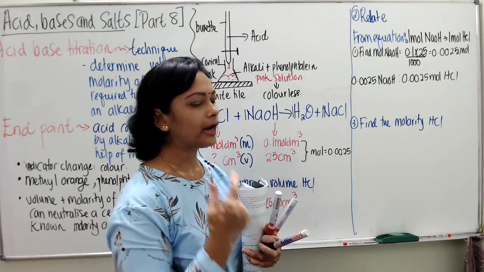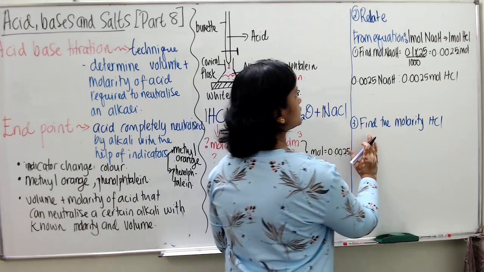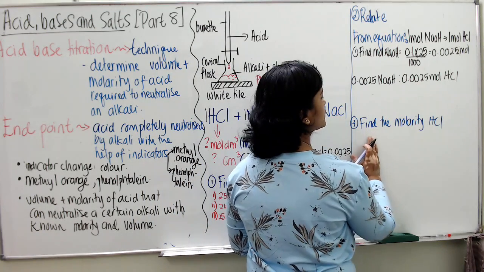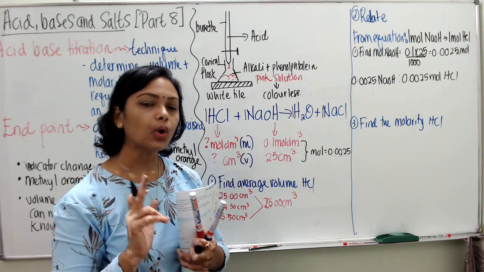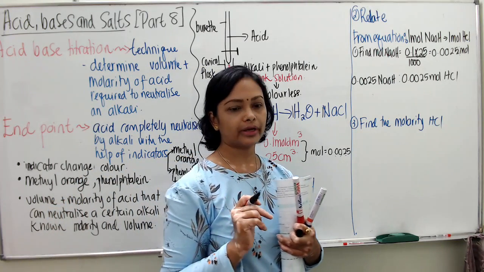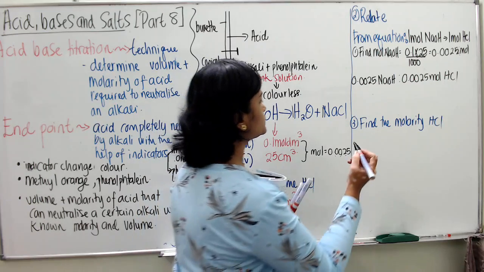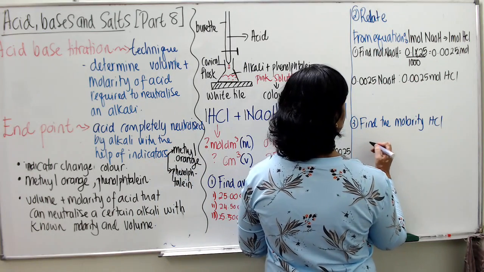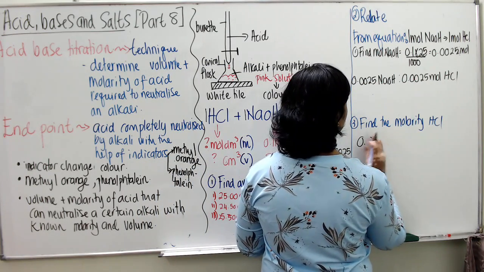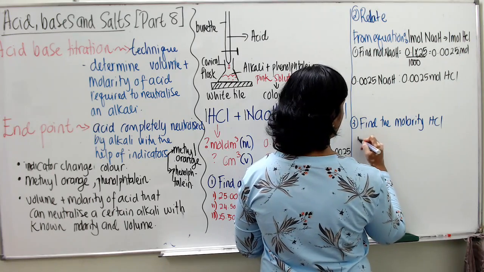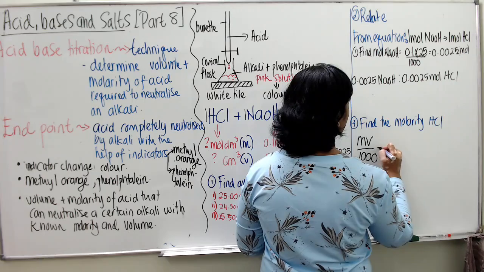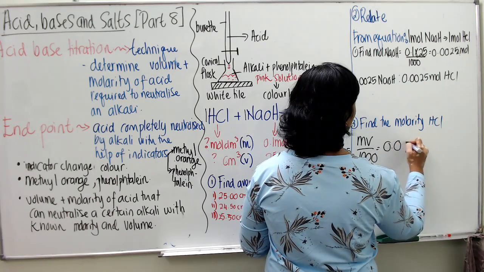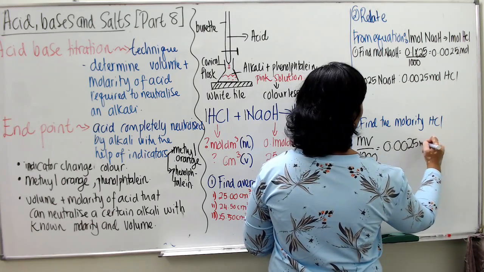Now, looking at this, let's find the molarity of hydrochloric acid. Using the method MV over 1000 equivalent to 0.0025 mole.